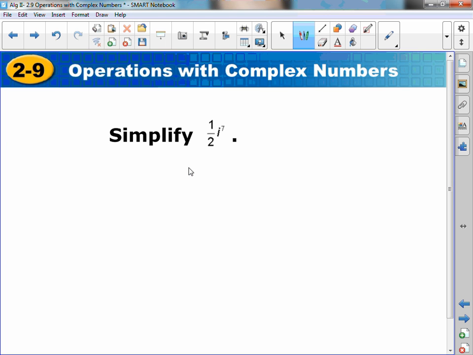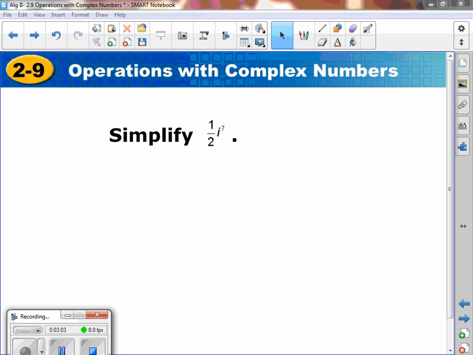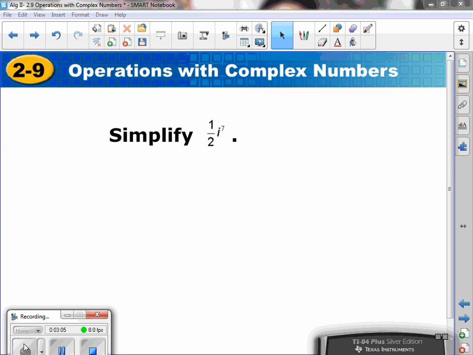Try this one. All right, 1/2 i to the 7th.